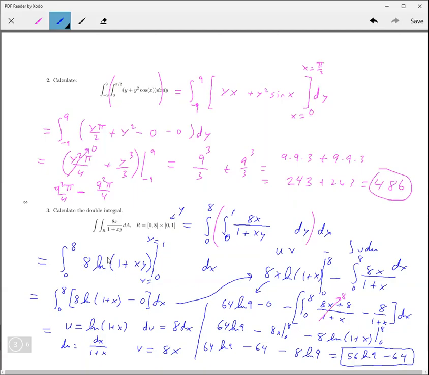I think so, because it would be 8 times 1 over this. That would give you the 8 over 1 plus xy. And then the partial of this with respect to y, that's 0, and this is just going to be x. So that gives you the x, I believe. If you plug a 1 in, you get this. If you plug a 0 in, you get that. Okay.